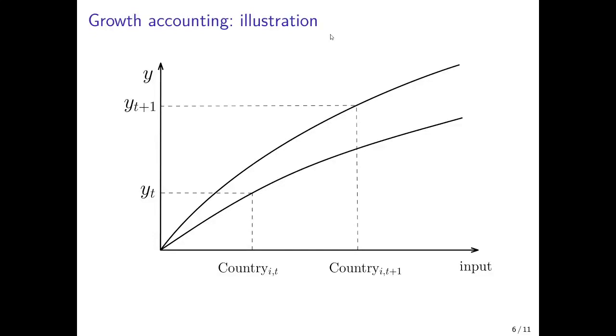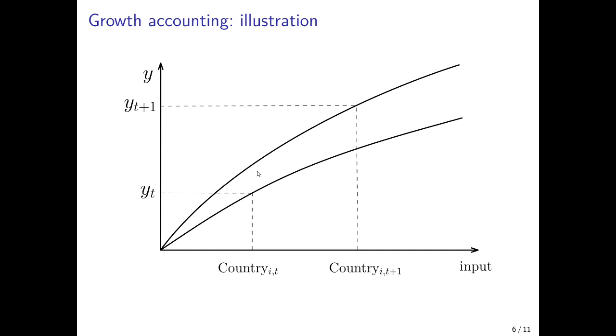What will typically happen in reality, however, is that both things change. So a country will accumulate production factors, human capital, physical capital, and at the same time productivity would change, typically increase, so that the country would then end up at time t plus 1 with a higher per capita GDP, and one part is explained by more physical capital and more human capital. So one part is explained by factor accumulation.